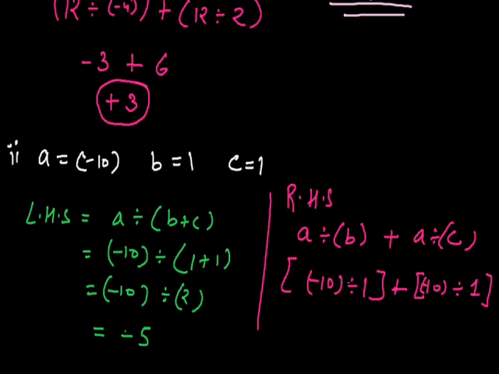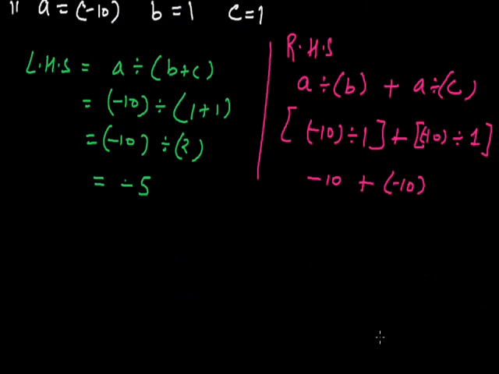Minus 10 divided by 1 will give you minus 10 only, plus minus 10 divided by 1 will give you again minus 10. Now minus 10 plus minus 10 will give you minus 20.